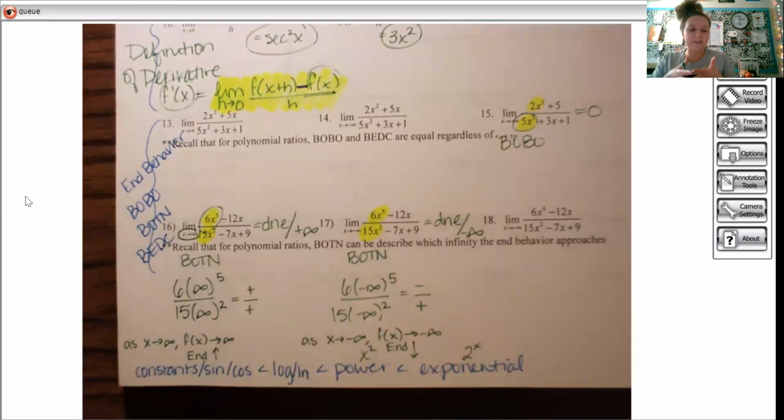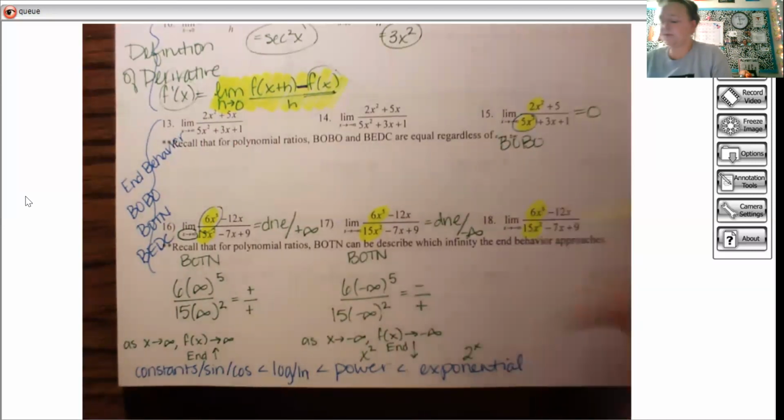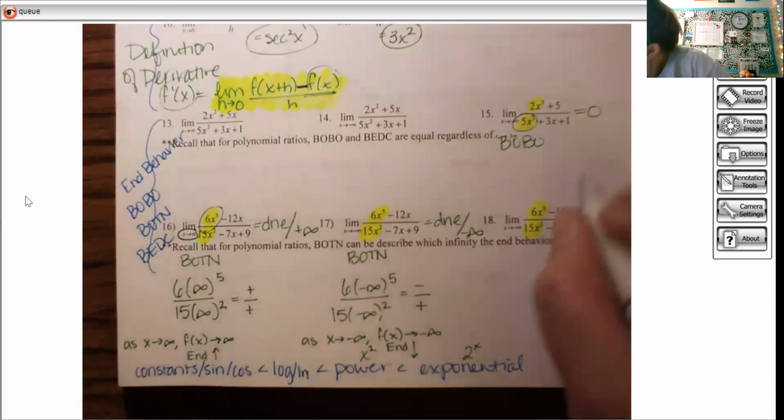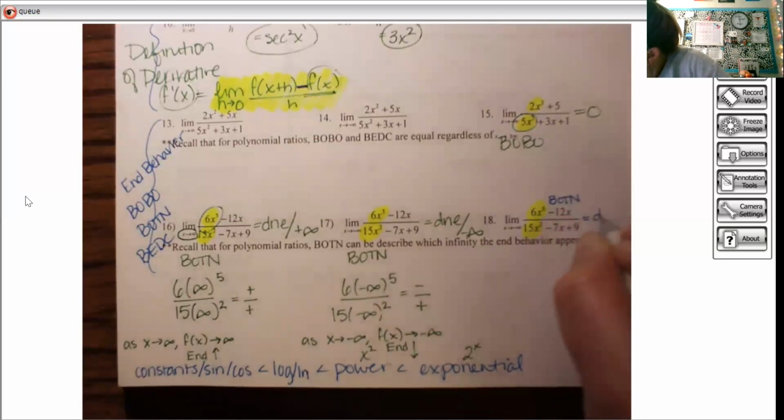Now, those don't always have to be the same sign. So for example, take a look at number 18. I have an x^6 and an x^2. So again, this is another top-heavy because I have more x's on the top than I have on the bottom. So I know that it's a DNE.